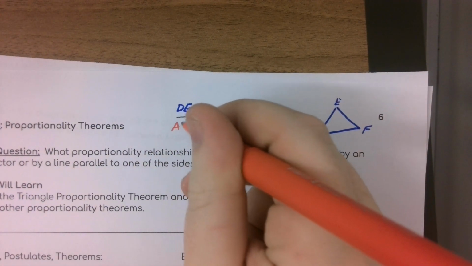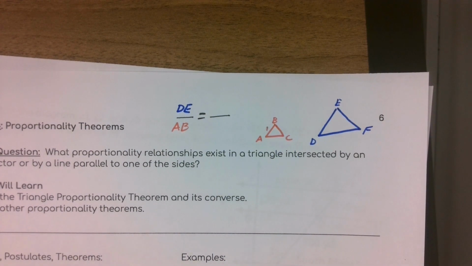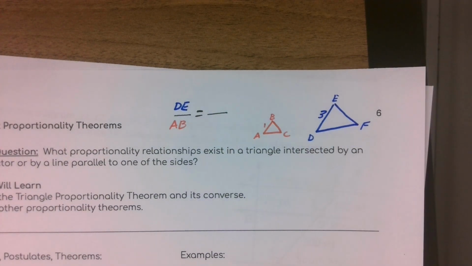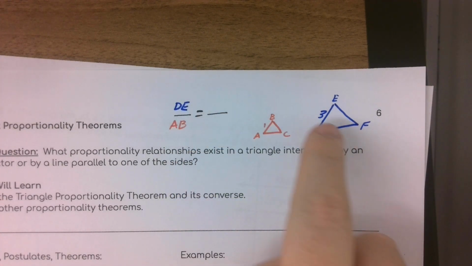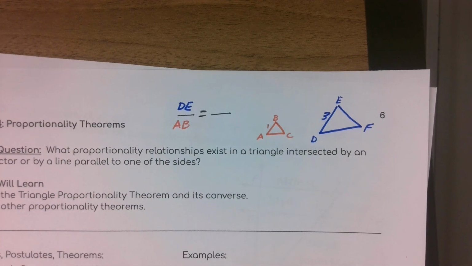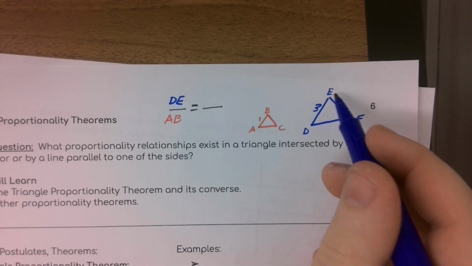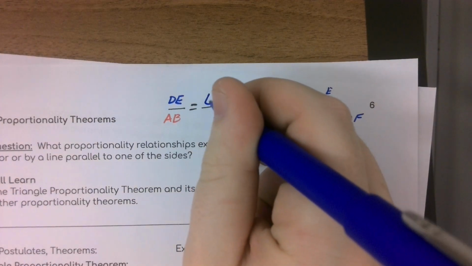Let's pretend for a second that AB is 1, ED is 3. If we think about it in numbers, this is 3 divided by 1. Now, we could also make a statement of proportionality using a second side. Let's say EF and BC.